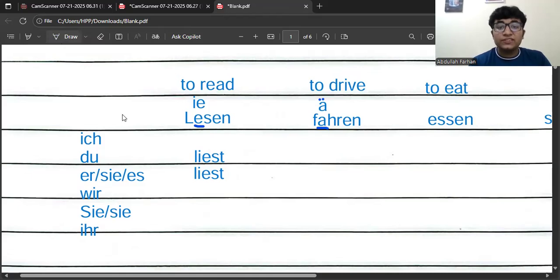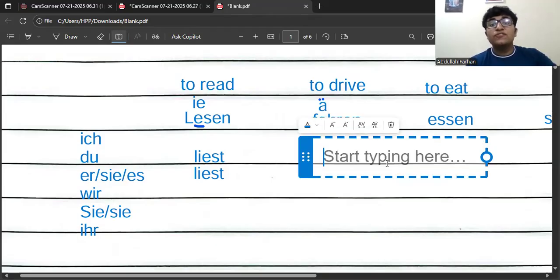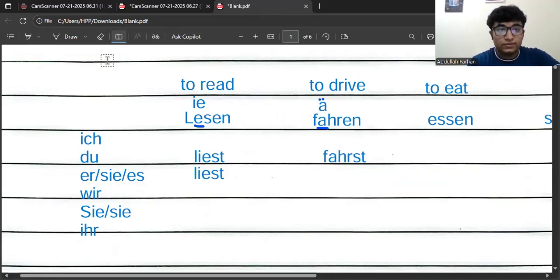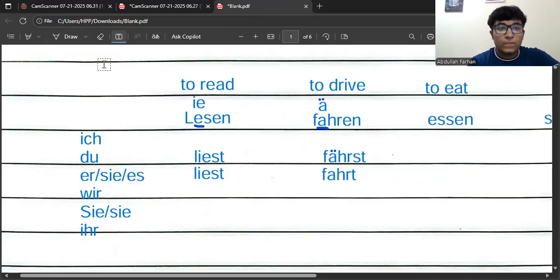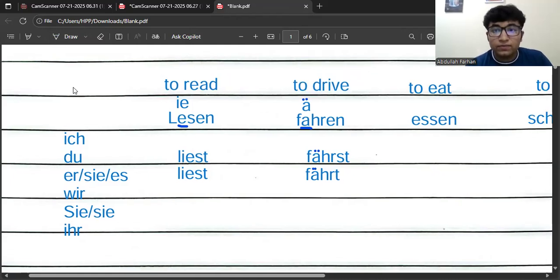Ich fahre, du fährst, er fährt. It is not far, it is fähr. Again, same for that. That's all the difference that we have.